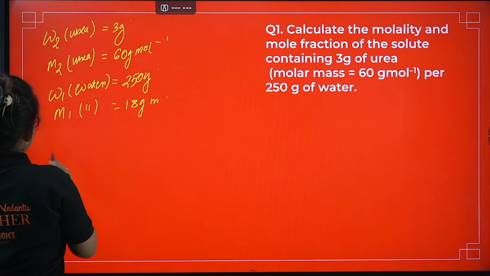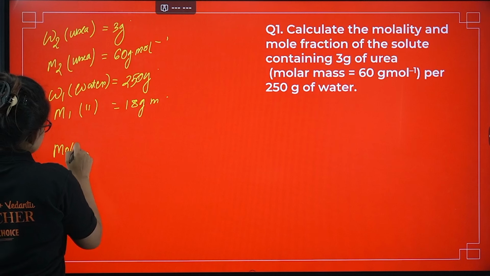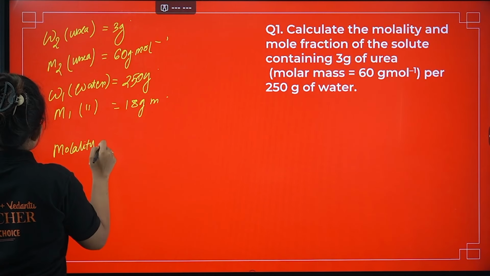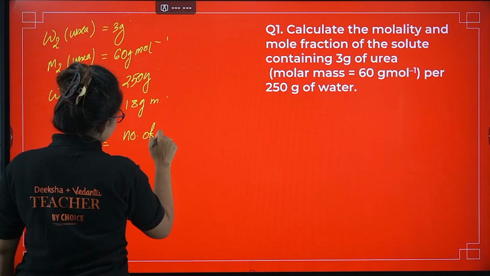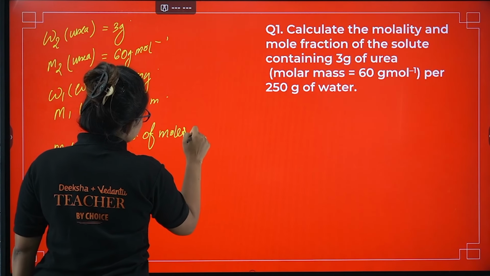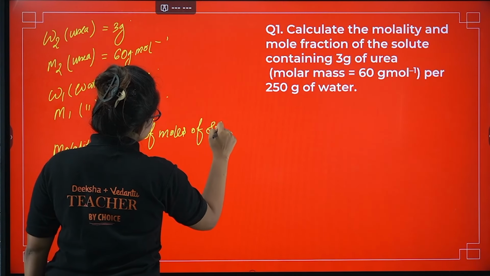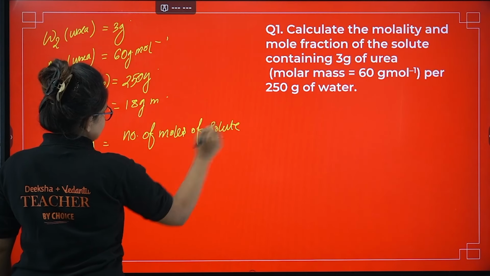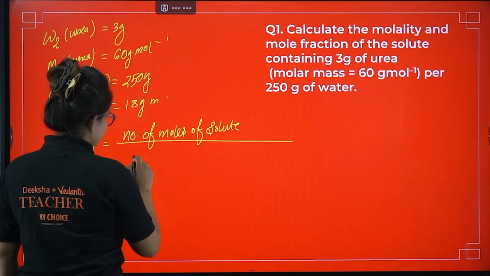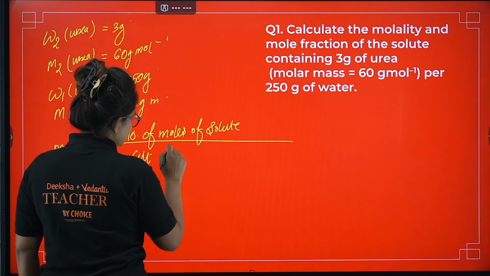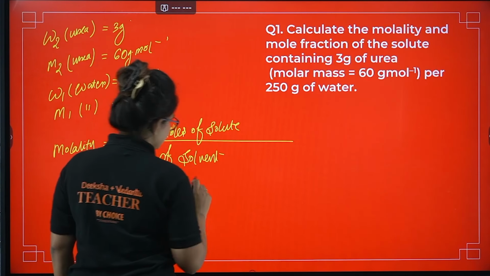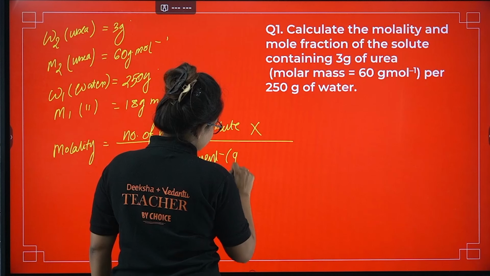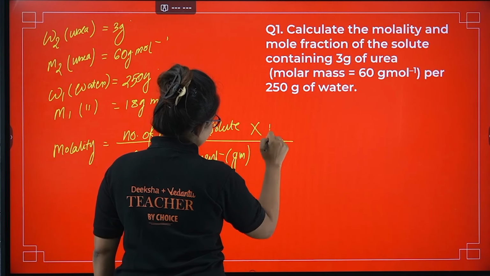Fine. So now write the molality formula. That is the number of moles of solute divided by weight of solvent in gram, into 1000.